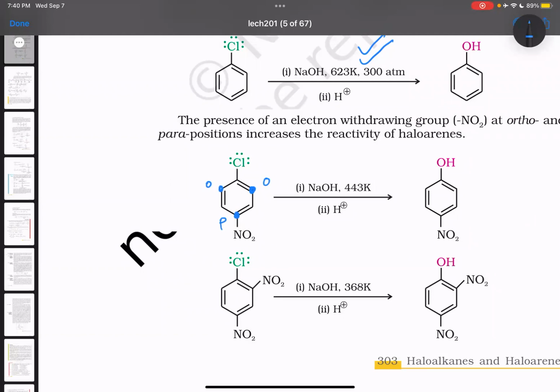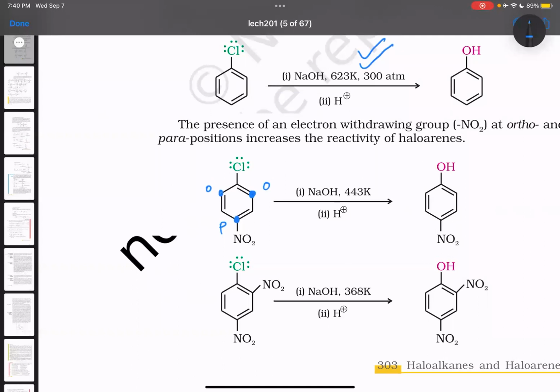You can notice it by noticing the change in temperature. Here the temperature which you took was 623 and here it is 443. Somewhere around 250 or so, right? And here the temperature has reduced further the moment you put the two NO2 groups.